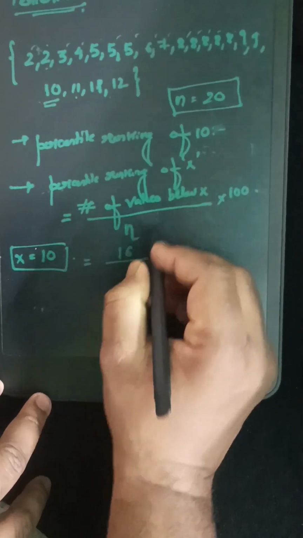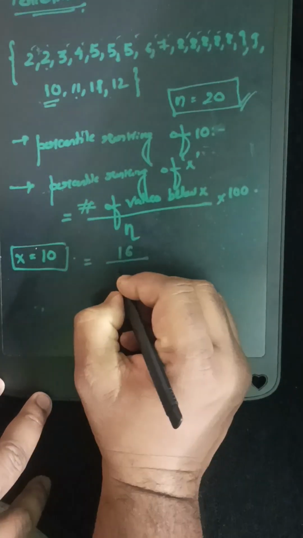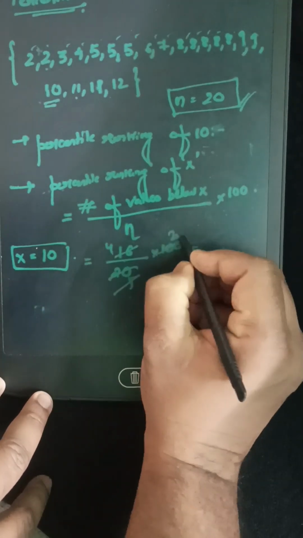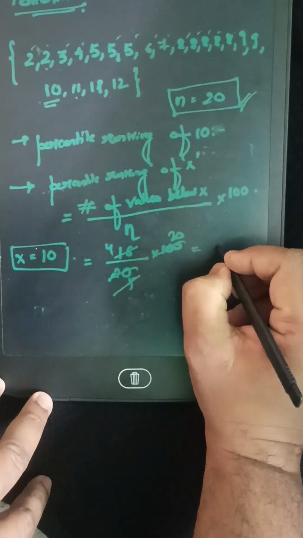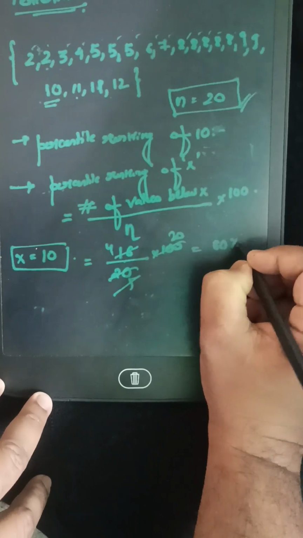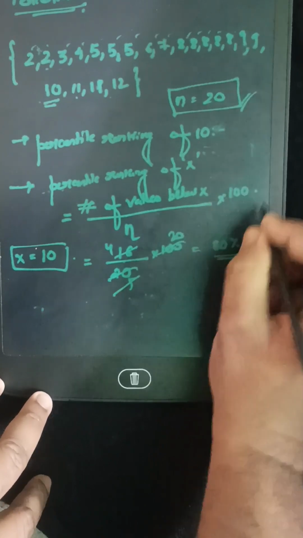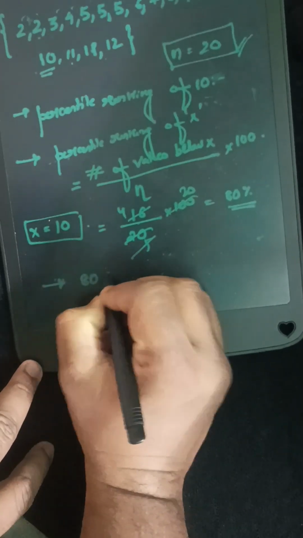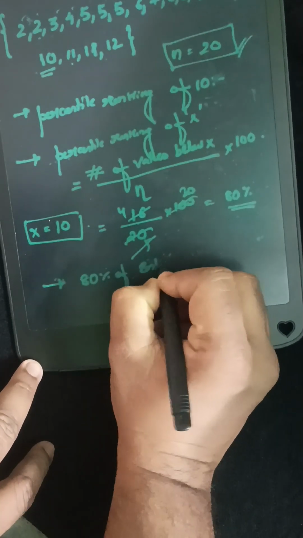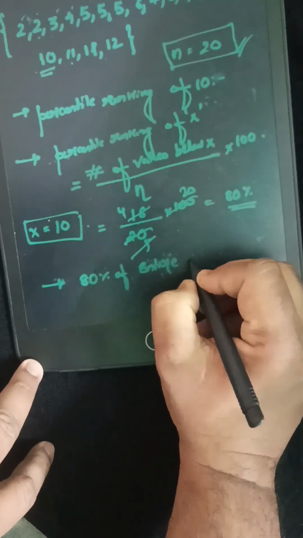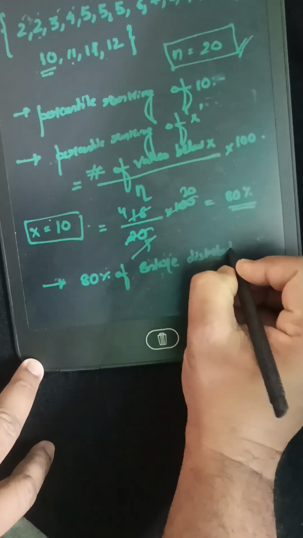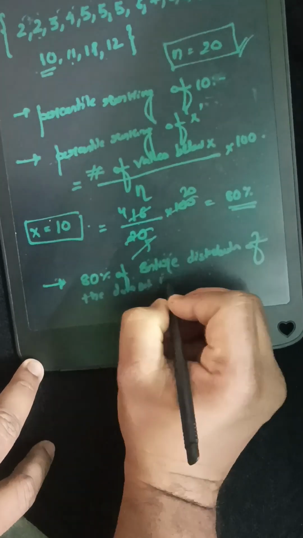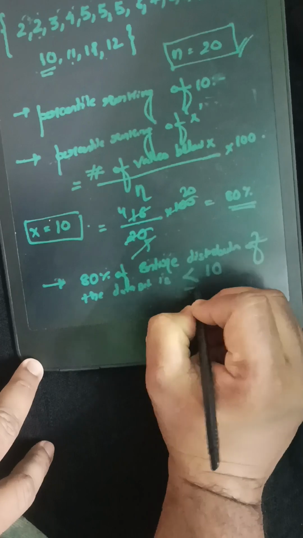Therefore we may keep 16, and n which we have total as 20, times 100, which comes out to be 80%. And this 80% is nothing but what we can infer in conclusion, that 80% of the entire distribution of the data set is below 10, is less than 10.